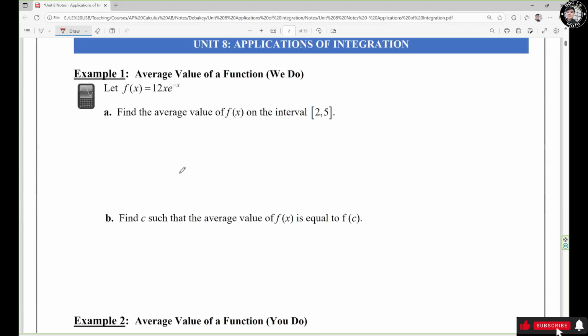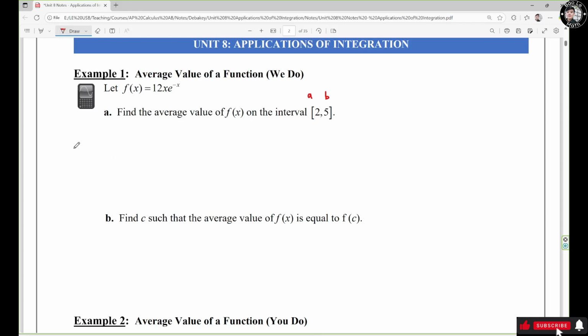Now, let's take a look at the first example. Let f(s) be 12 times s times e raised to the negative s. Find the average value of f(s) on the interval 2 to 5. So this one is a, this one is b.